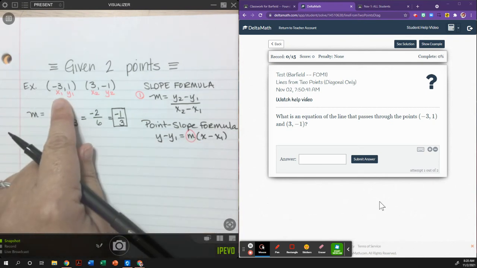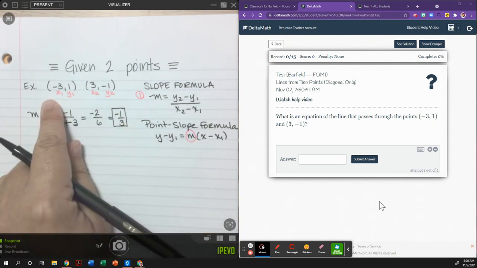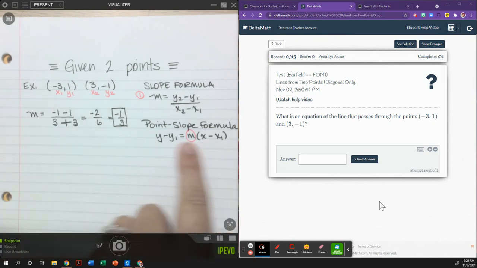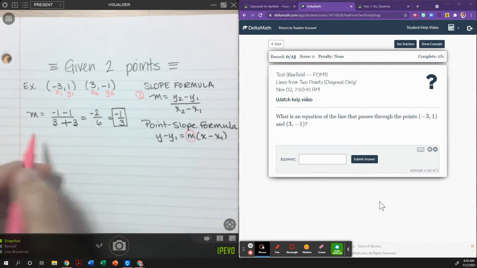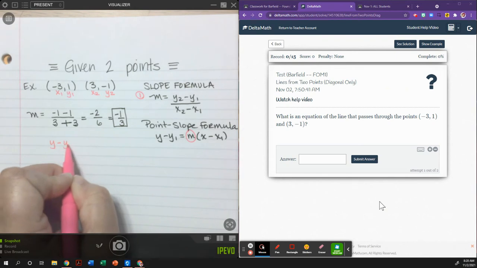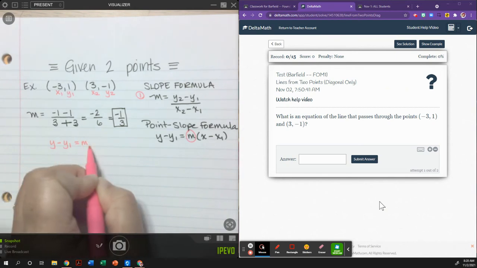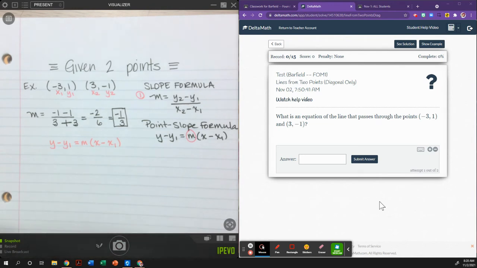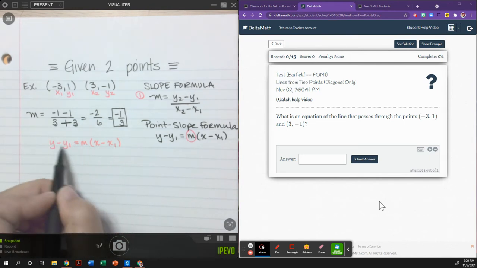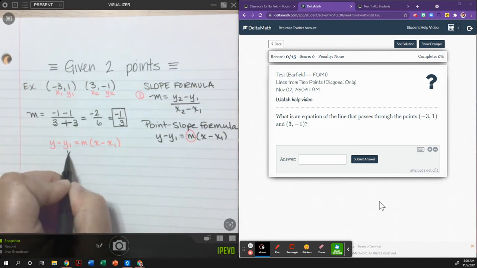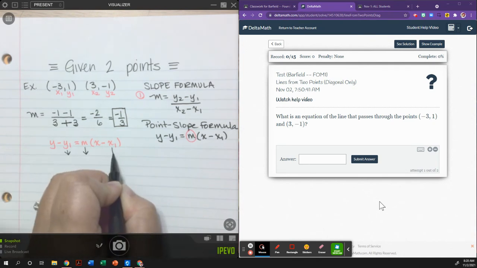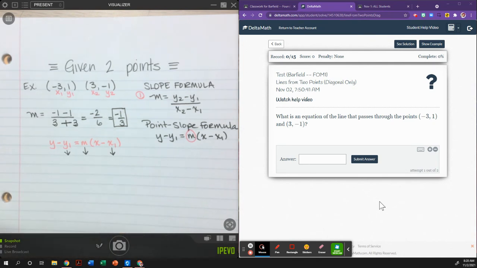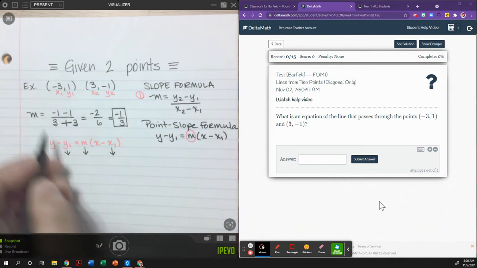All right, so now I have my m, I have my x1 and my y1. So I'm going to write the formula. y minus y1 equals m times x minus x1. And just like last week, I'm going to plug in the information. So y1 is 1.